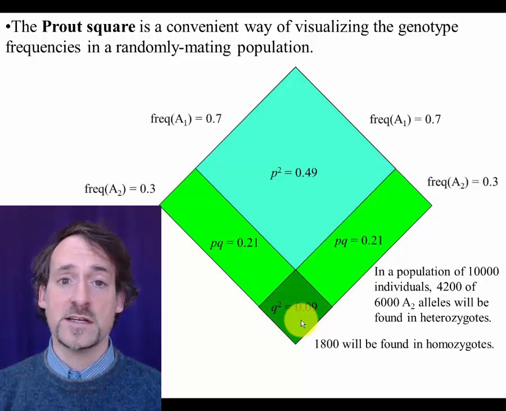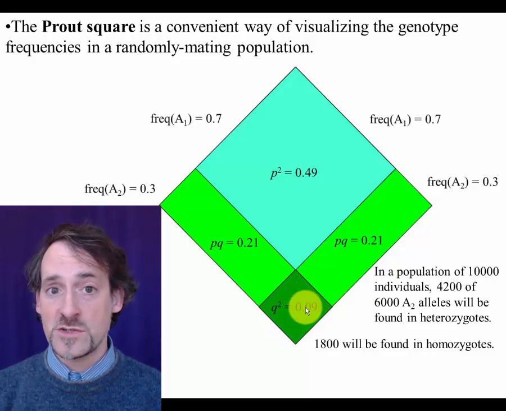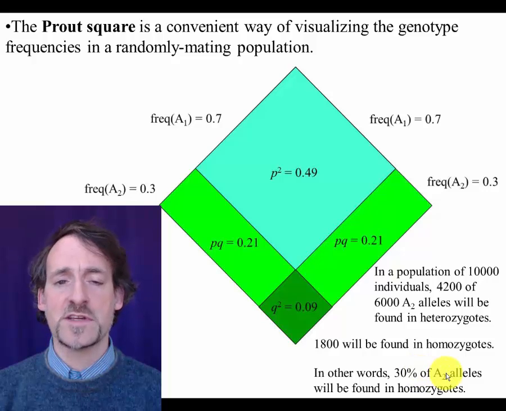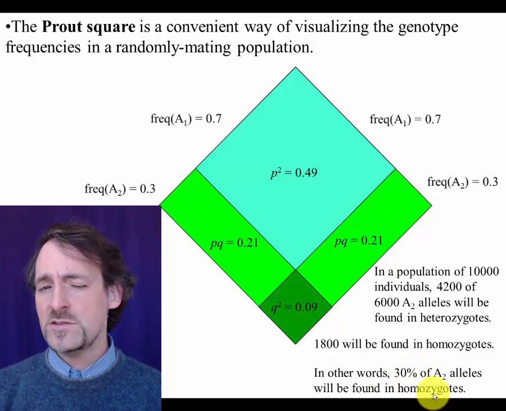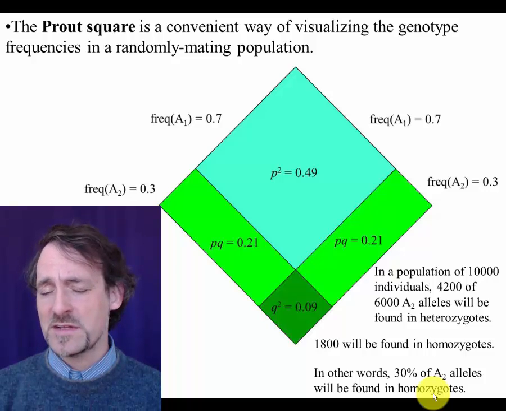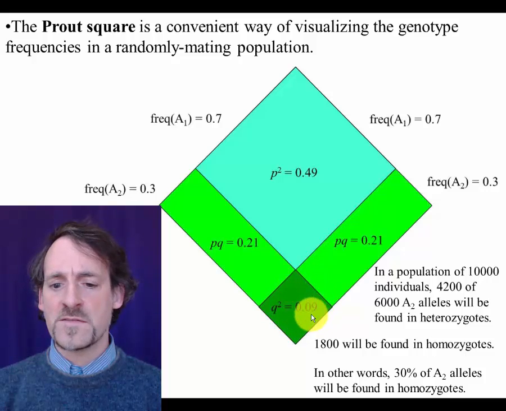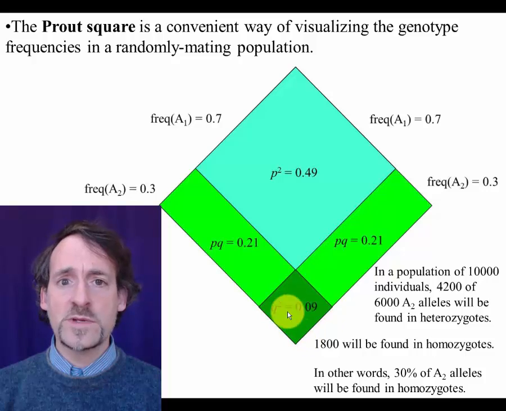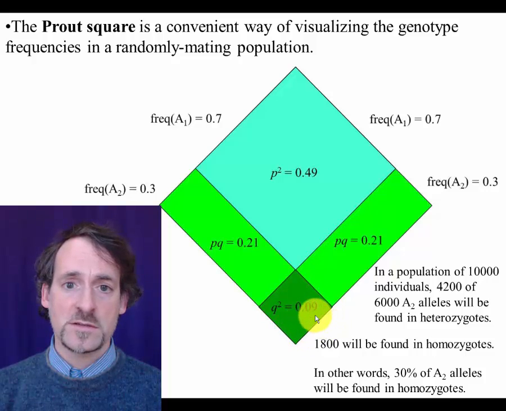Only 1,800, that's doubled because each one of these individuals has two A2 alleles, are going to be found in homozygotes. In other words, 30% of the A2 alleles will be found in homozygotes. You don't actually have to do that math to get a sense of the size of this cell in the Prout square relative to these. I'm going to find a reasonable number of the A2 alleles in homozygotes.